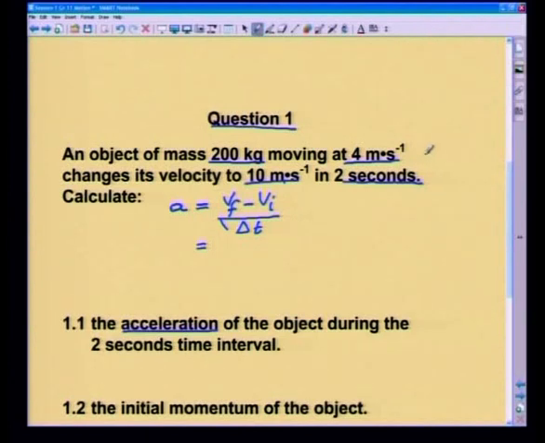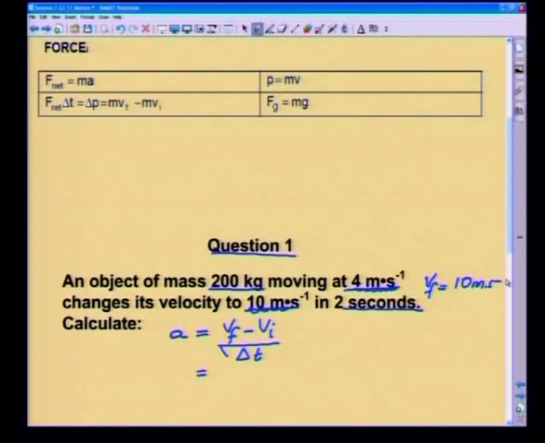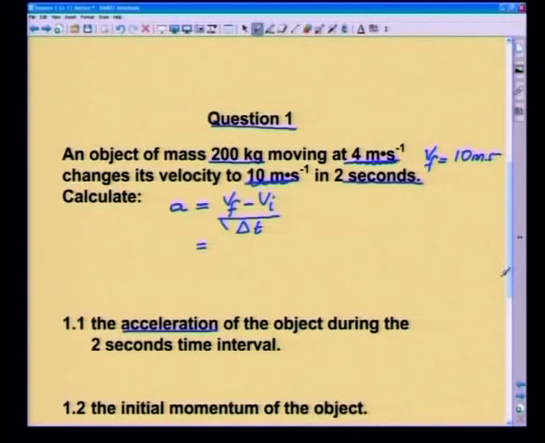Let's go back to the information given to us. The velocity changed from 4 meters per second to 10 meters per second. So final velocity is 10 meters per second. And V initial equals, it changed from 4 meters per second. So the initial velocity was 4 meters per second.